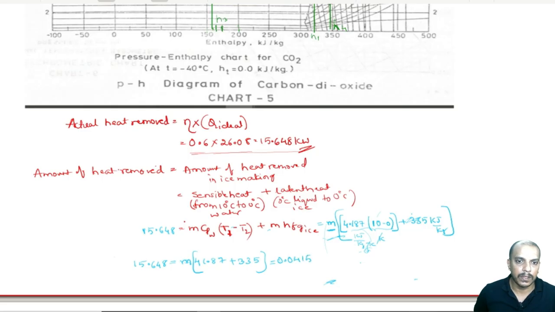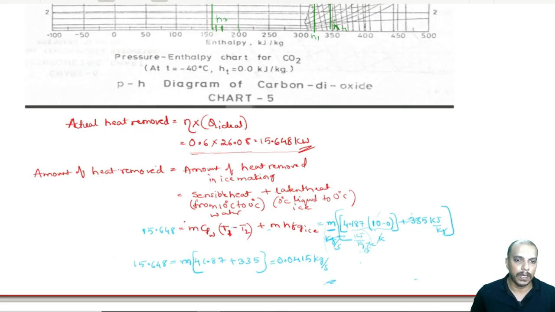This has to be in kg per second because the left side is in kilowatt, so only if this is in kg per second the units are matched.